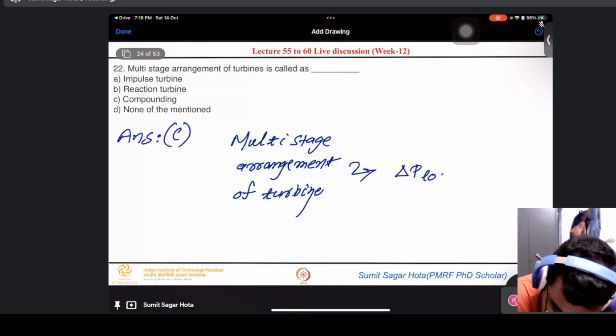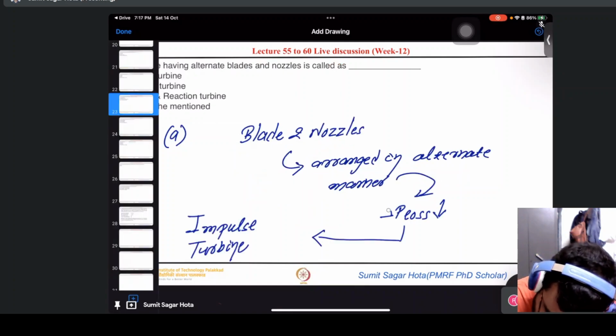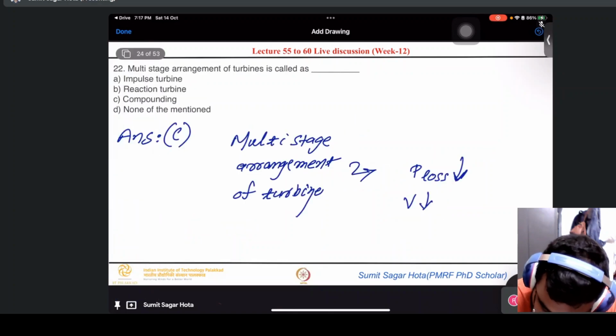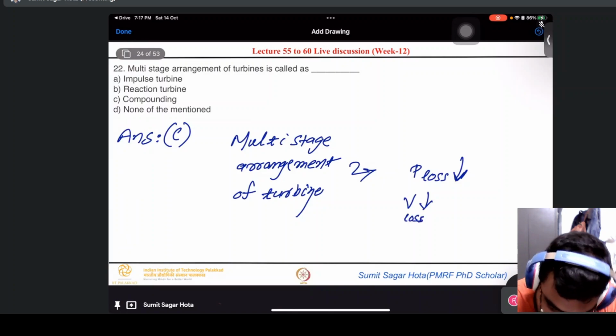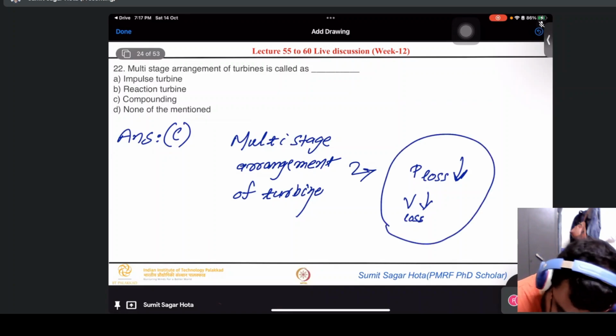It reduces the pressure loss. Velocity loss. And so this is the advantage. Because of these two things, it's called compounding.